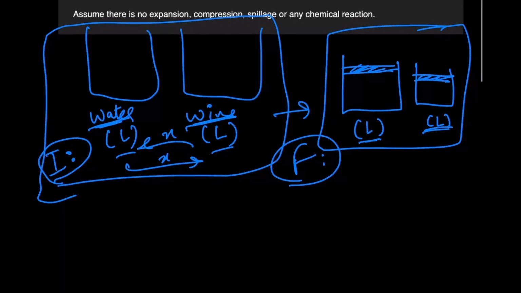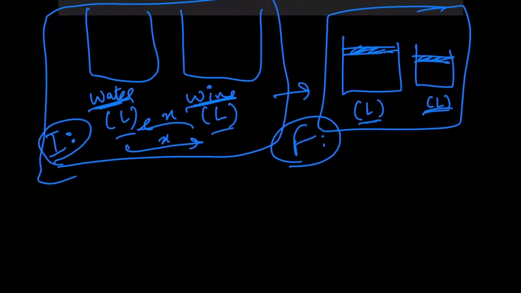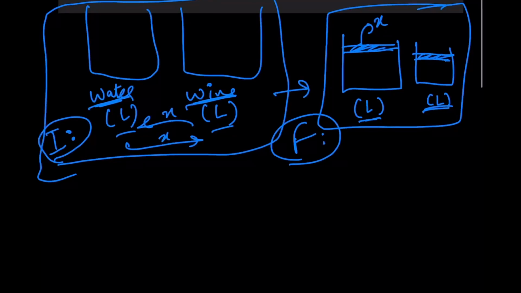So why is this important? Since both of them have the exact same volumes, if this water container were to have X amount of wine in it, then this would mean that there's L minus X water in it.